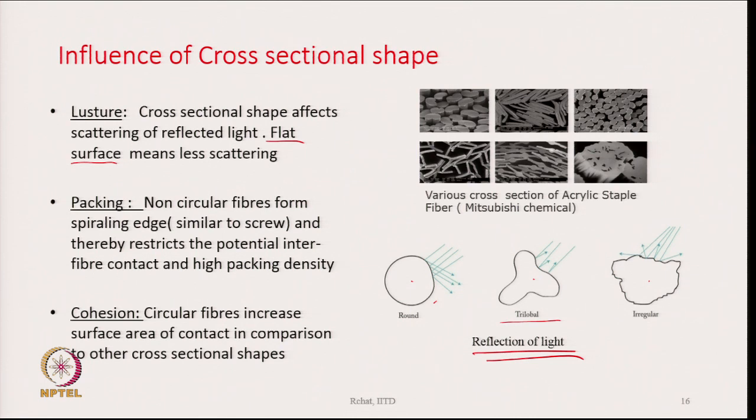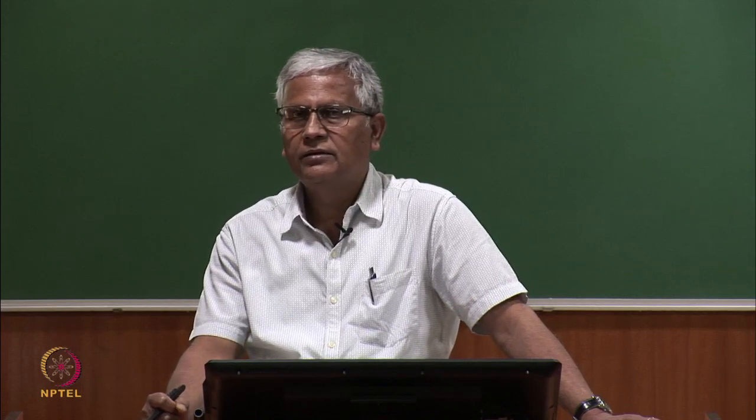Then packing: non-circular fibers form a spiral edge similar to a screw and thereby restrict the potential interfiber contact and packing density. So, whenever the fibers are non-circular in nature, if we hold them together, we will find that the packing is much less, whereas if the fibers are circular in nature and we hold them together and apply pressure, we will find that the overall packing of fibers is much more.